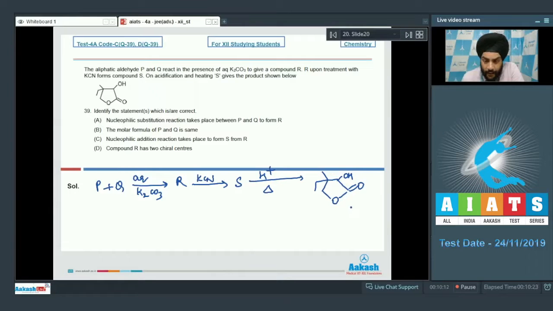Now if we try and figure out the compound S, students, we can clearly see that the compound S has to contain a cyanide group. There is a reaction with KCN, so S has to contain a cyanide group. Now students, what must have happened in this case is the cyanide group had converted into the acid group upon hydrolysis, and then the intramolecular esterification must have taken place.